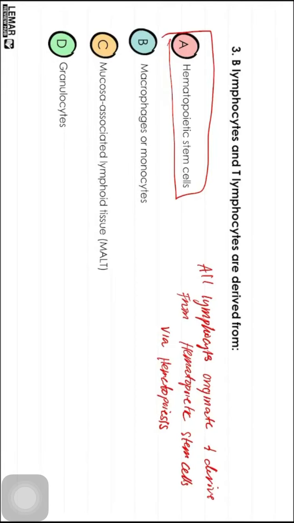So the stem cells will eventually mature into common lymphoid progenitor cells.